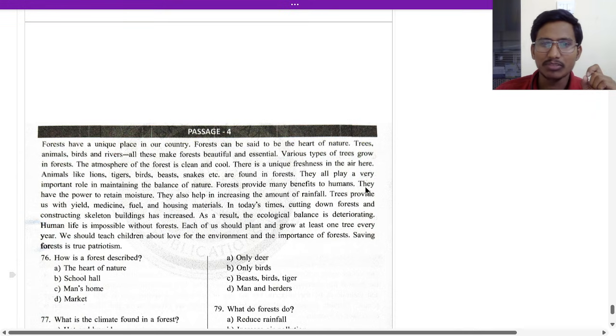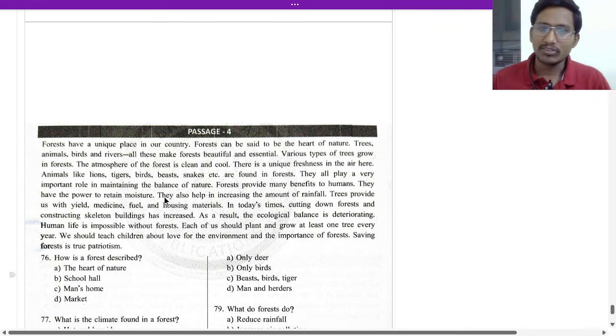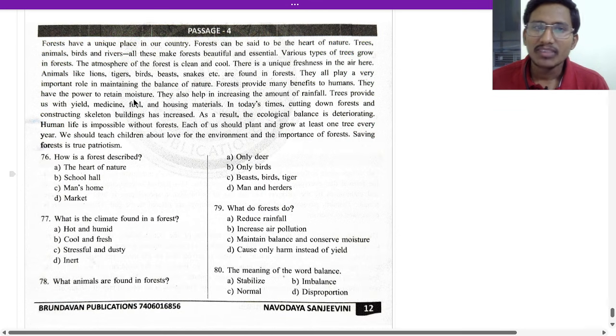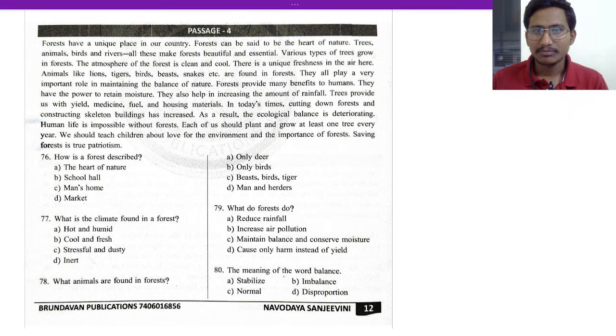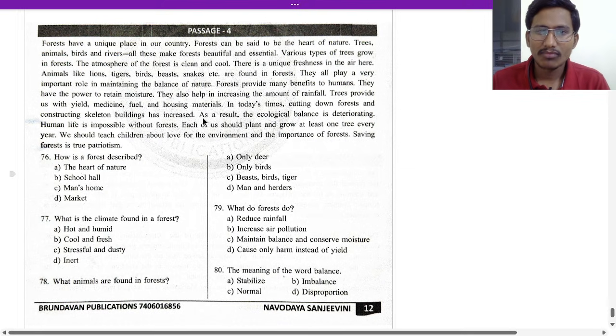Forests provide many benefits to humans. They have the power to retain moisture. They also help in increasing the amount of rainfall. Trees provide us with fruit, medicine, fuel, and housing material. In today's time, cutting down forests and construction of skyscraper buildings has increased.